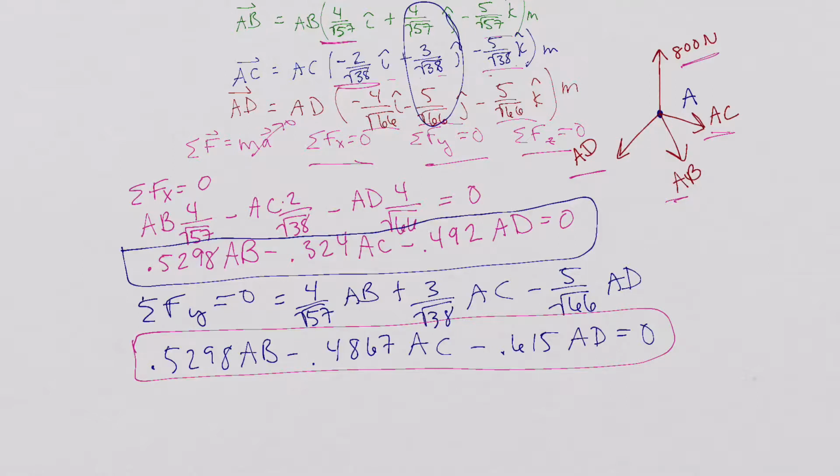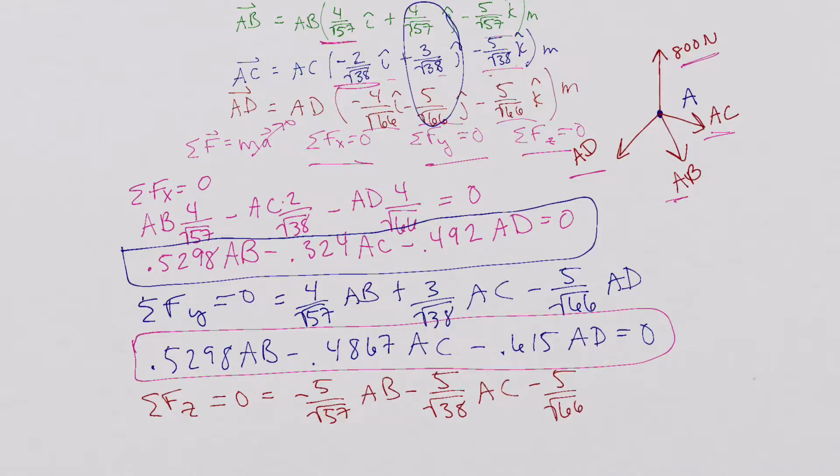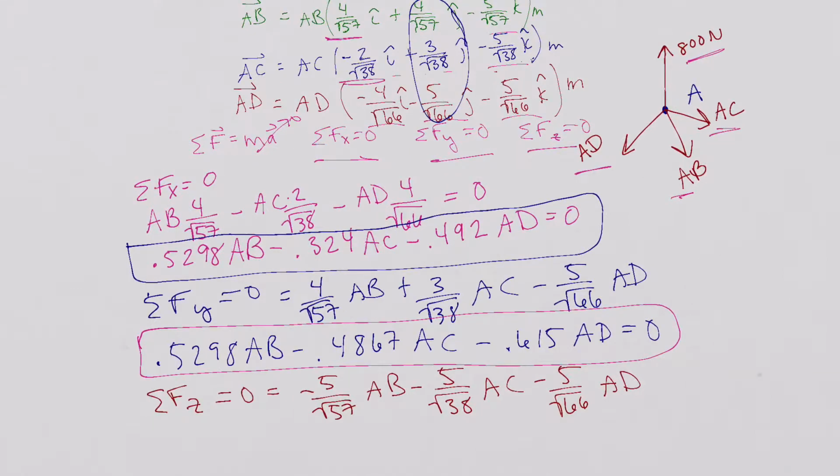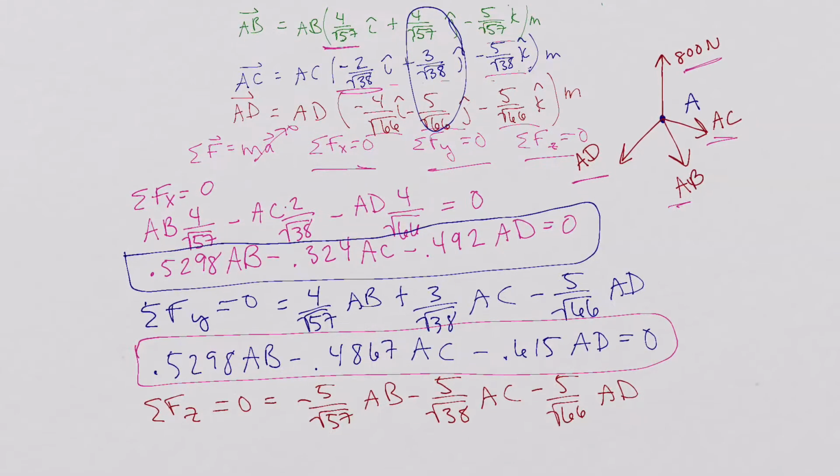So now we have the sum of the forces in the z direction equals 0, and that equals negative 5 over the square root of 57 AB minus 5 over the square root of 38 AC minus 5 over the square root of 66 AD. And so we'll go ahead and multiply those out.